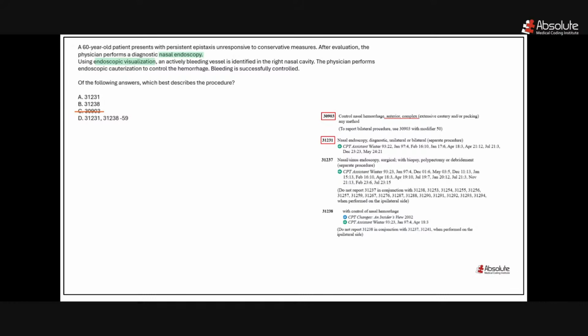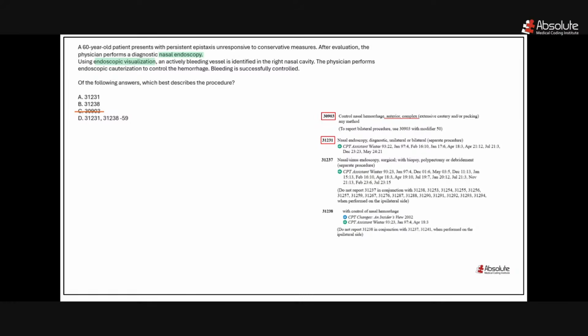But if you completely and forensically read the scenario, you can see that endoscopic visualization was done, and the physician realized that there is an actively bleeding vessel during that evaluation. And he performs an endoscopic cauterization, right? So that becomes a surgical endoscopy.